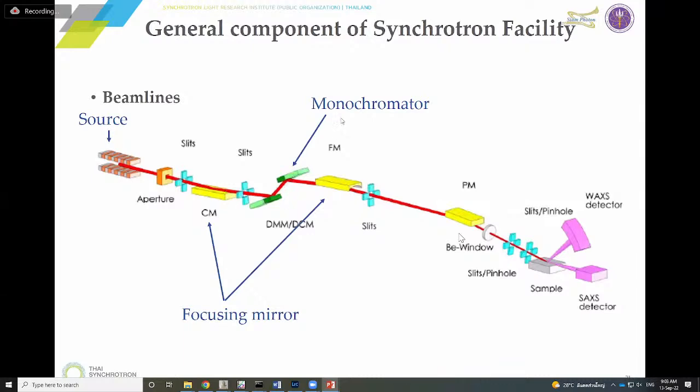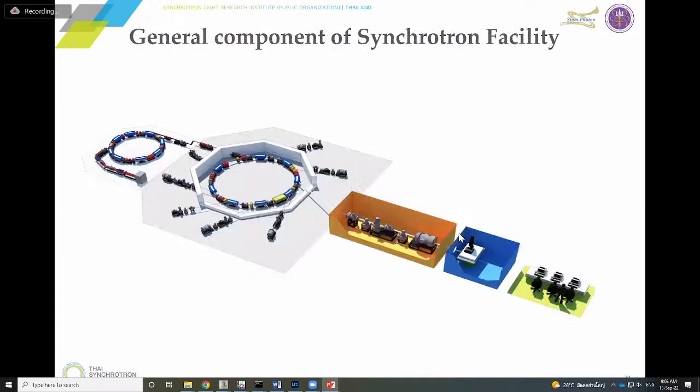And then we have some kind of monochromator to choose the energies that you want to use in your experiment, and then deliver the synchrotron light to the experimental station. While you set up, you put the samples in, and you have the detector to detect any signals that you want and interpret all of the data from your detector to be the information from your samples.